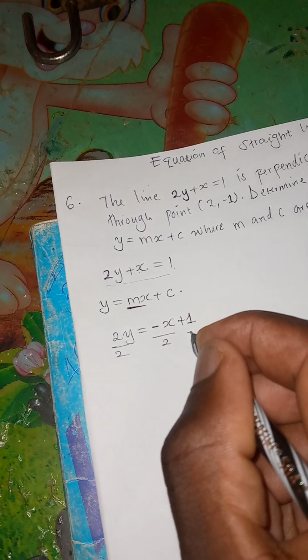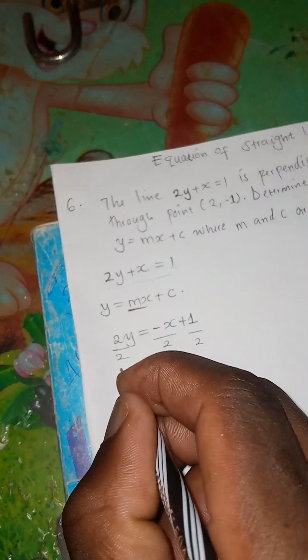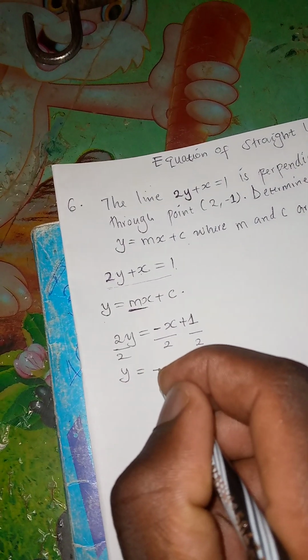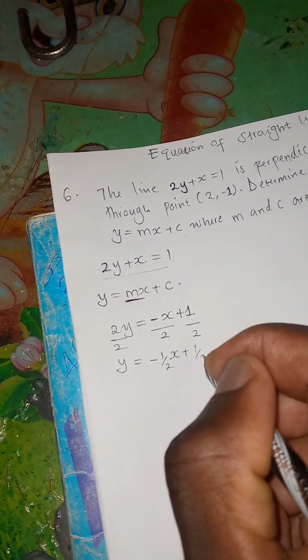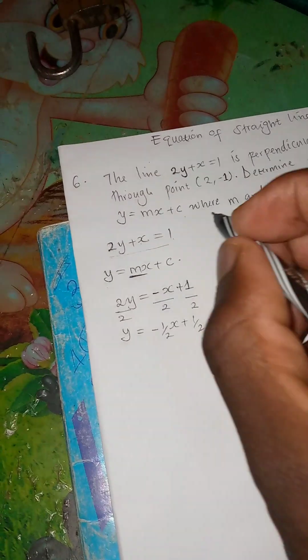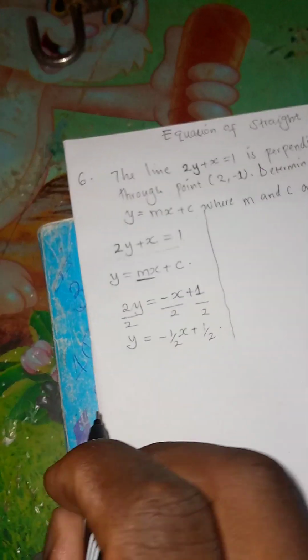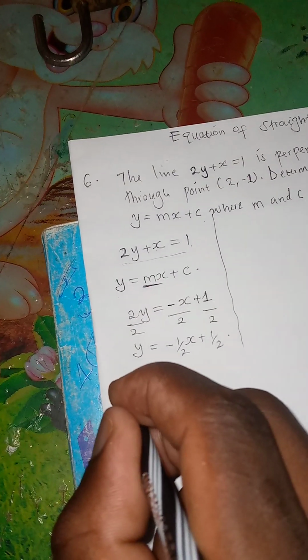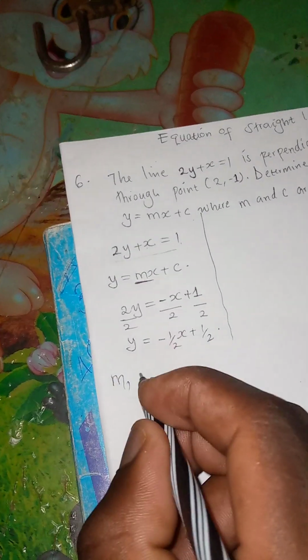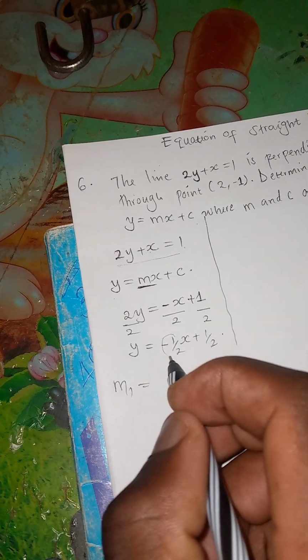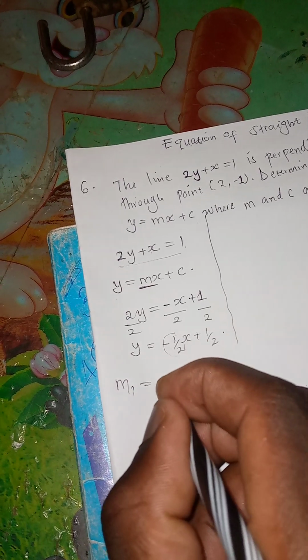So we get y equals negative 1 over 2 x plus a half. So the gradient, which we can denote as m1, is equal to the coefficient of x, which is negative a half.